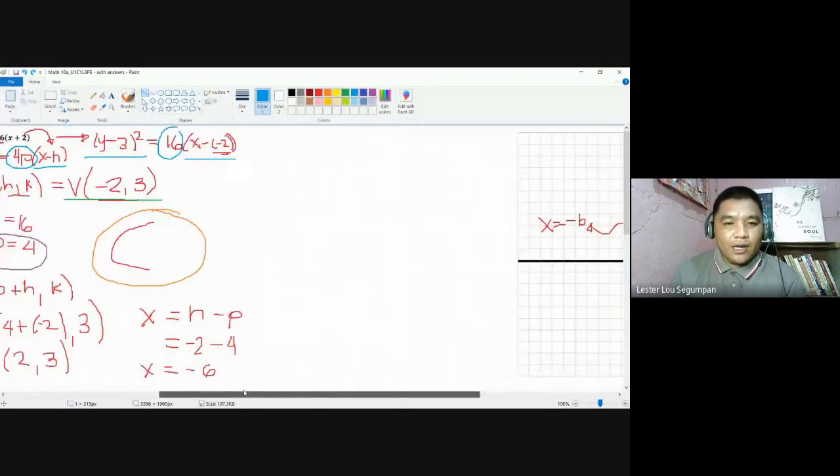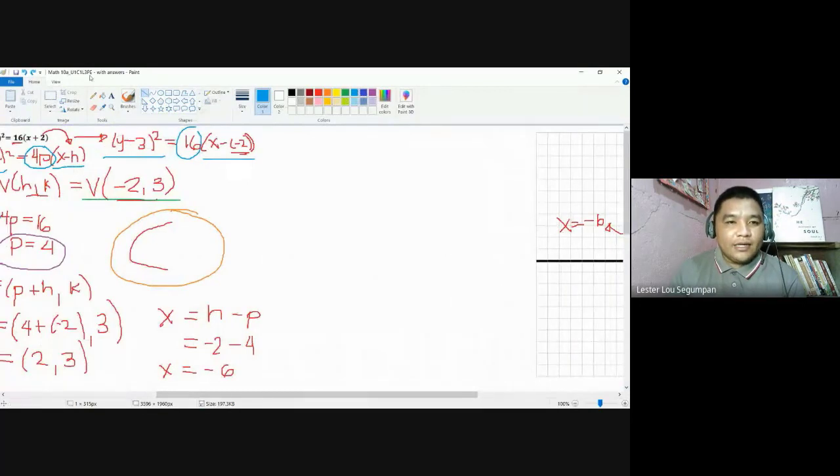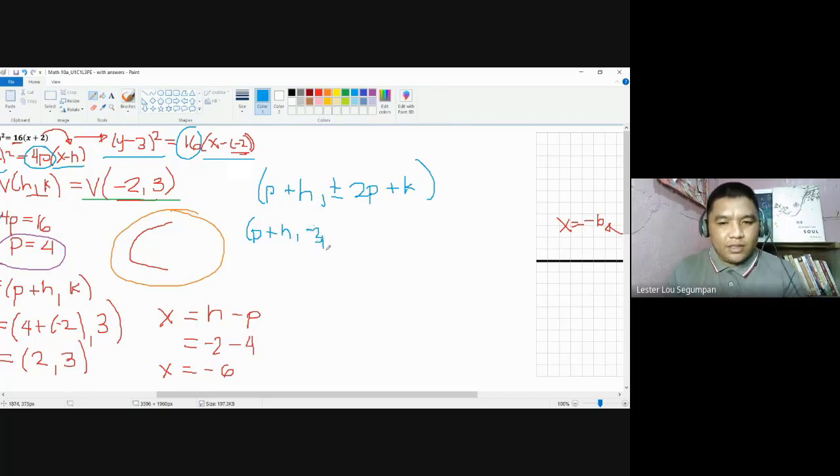Our ends of the latus rectum are given to be p plus h, comma, plus minus 2p plus k. So if we break that, you have p plus h and then negative 2p plus k for the first.